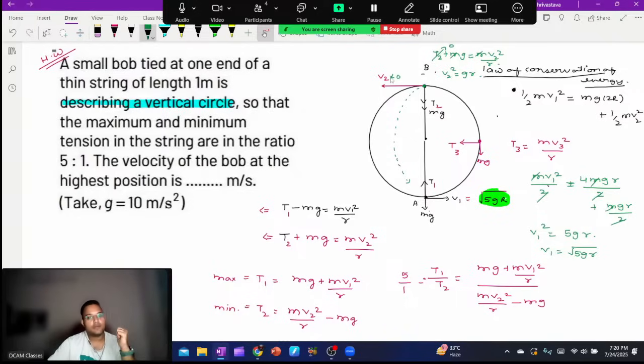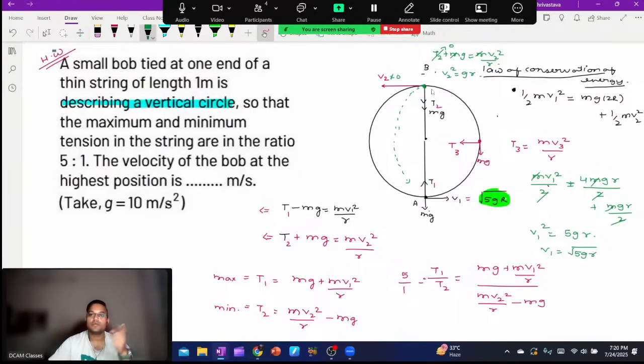But if you make the velocity zero, there will be a problem: it will just stop here, so the central velocity is not there. So tension will be equal to mg. It will fall like this. It will not complete the circle.